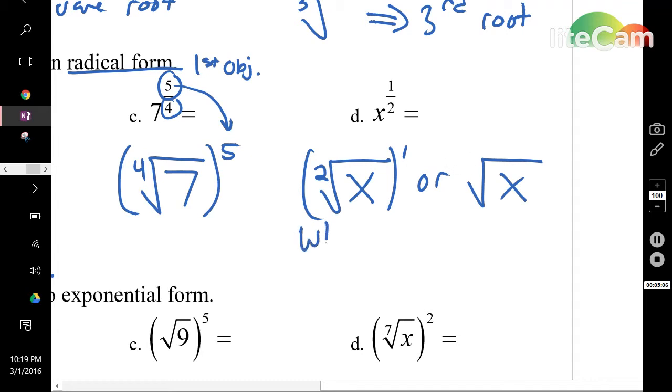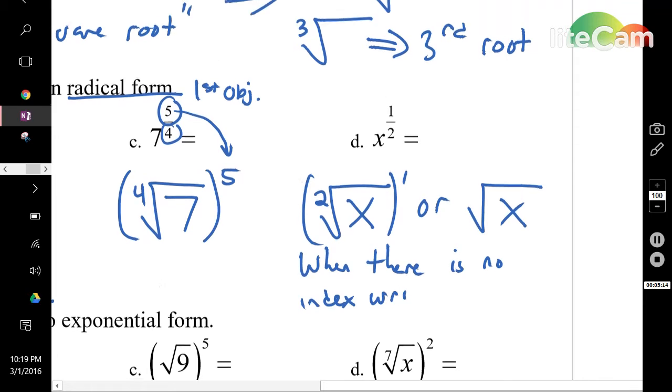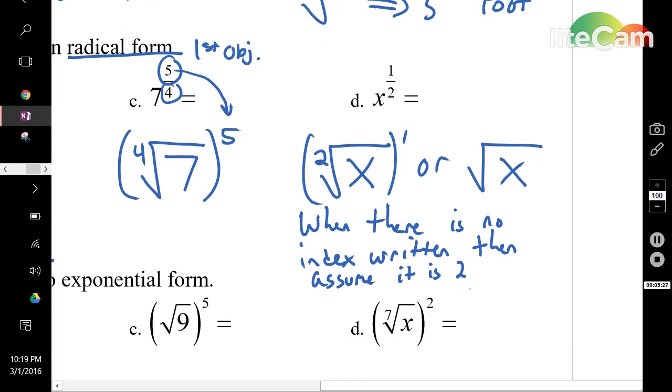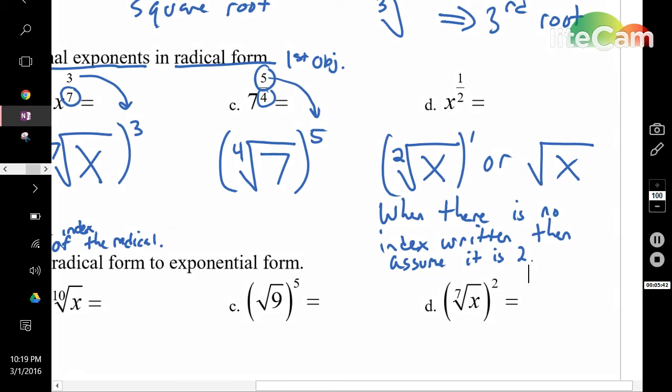So when there is no index written, then assume it is 2. So if there's a 2 supposed to be written there, we don't actually write it there. And the power of 1 remains the power of 1. We don't have to write the parentheses. So that's going from exponential form to radical form.